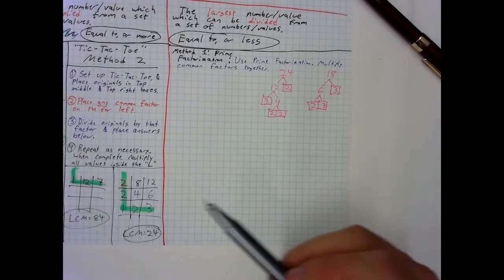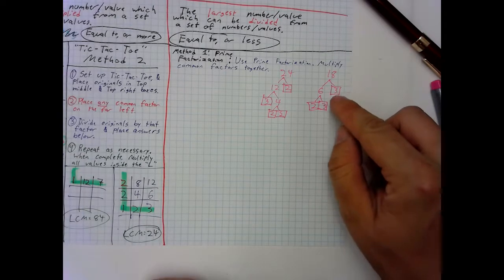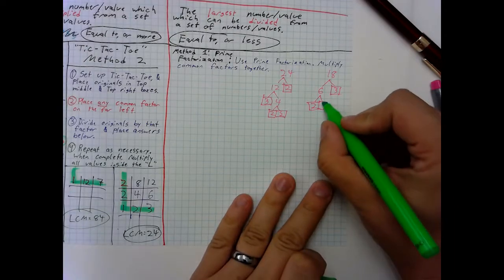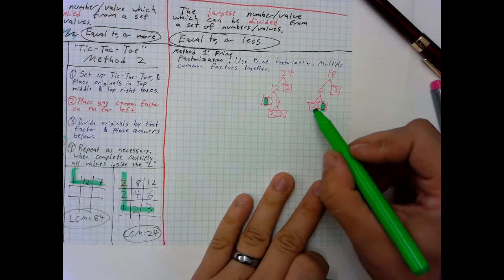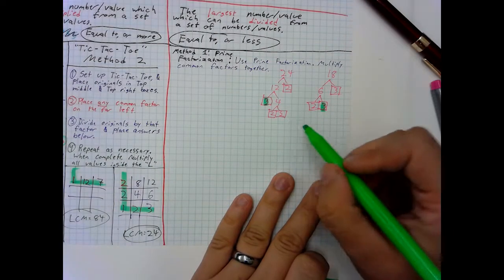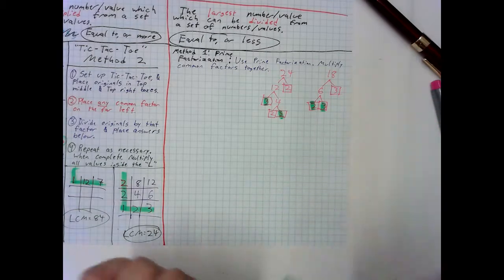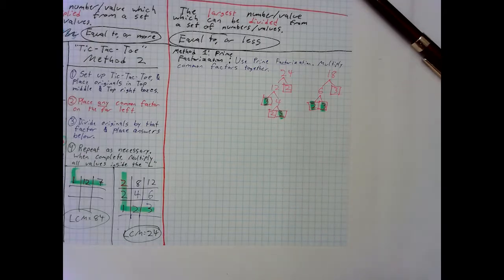Now, for the fun part, combining my common factors. I can see that I have two 3s on this side, but I only have one 3 on this side, meaning my common factors include a single 3, and I can see I only really have a 2, one of each on each side. So the only common factors I have is one 2 and one 3.